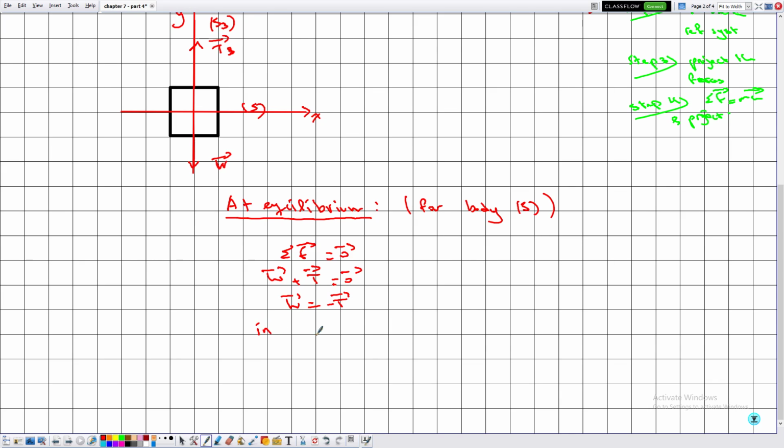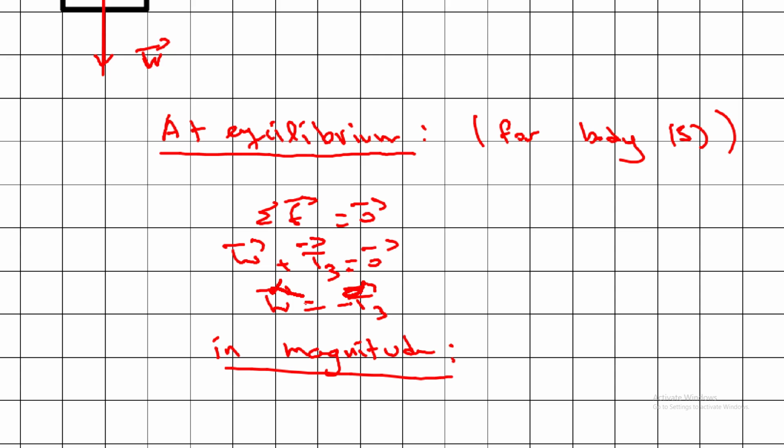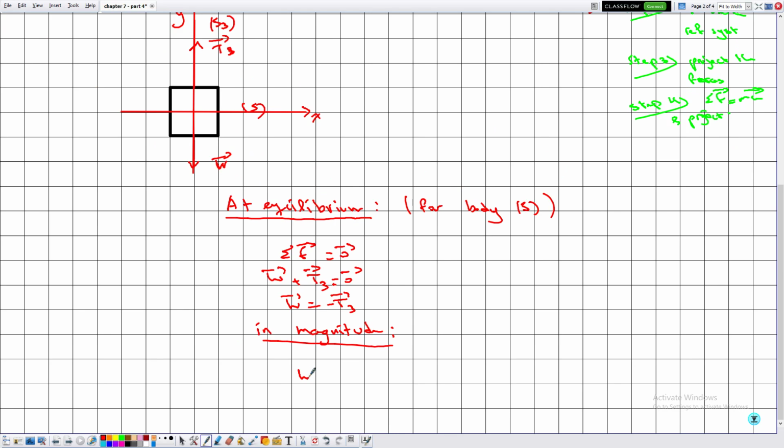Then directly we can say in magnitude, this is T3. Now we drop down the vectors and we remove the minus sign, so W is equal to T3, but the value of W that we have calculated previously is given by 2 newtons. Then the value of T3 is equal to 2 newtons.